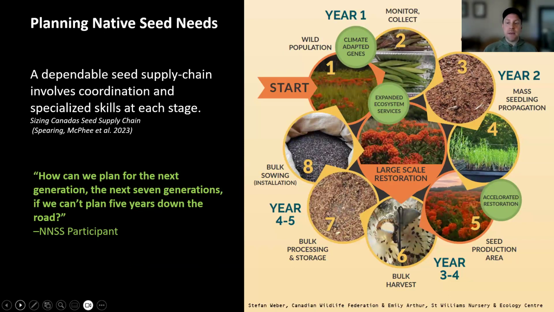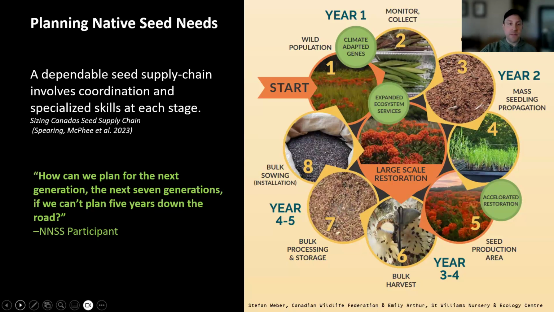So you need more than a handful of seeds to restore an acre, let alone 10 or 100 acres. So in order to scale that seed up, you really do need to farm it agriculturally. And this takes quite a bit of planning, quite a bit of expertise. Pretty much at every stage of this production cycle, you need a different set of horticultural, botanical, agricultural skills.